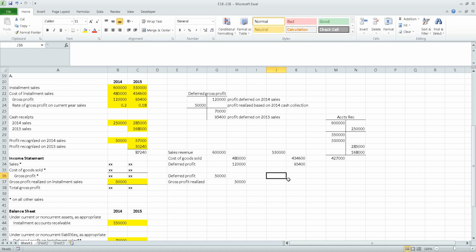Okay, so debit deferred profit, the $87,240 here. Credit gross profit realized, same amount. Now let's update our T account. We now need to debit the deferred profit account by the debit we made in this end of year adjusting journal entry of $87,240.